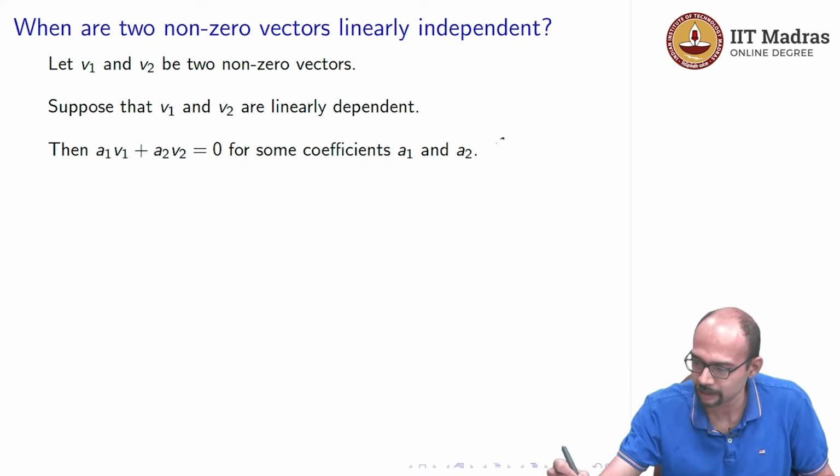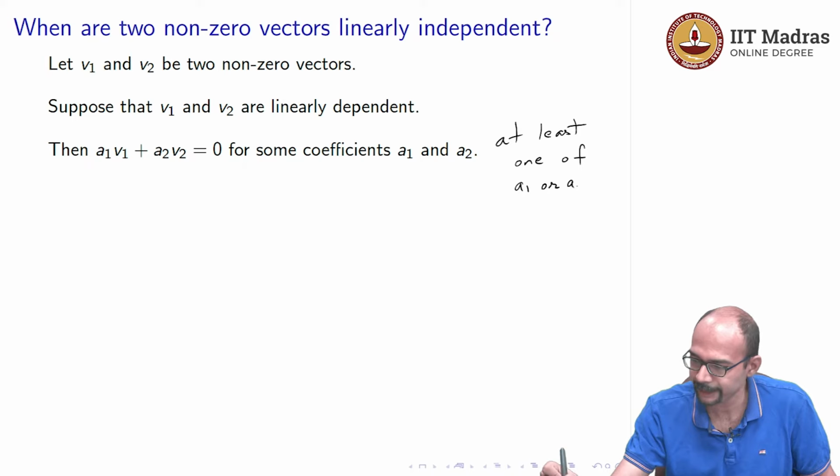So, at least one of a1 or a2 is not 0. Yeah, that is the definition of a linear dependence. Okay.